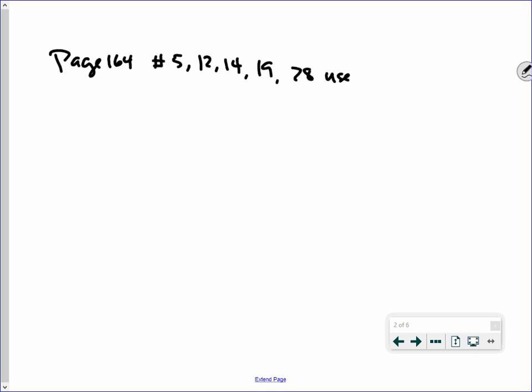So here's some assignments. Page 164, numbers 5, 12, 14, 19, 28. Now this one, do like I did, just use the Wronskian, the determinant thing I did on the example the other day.